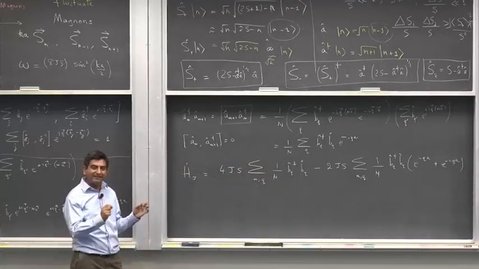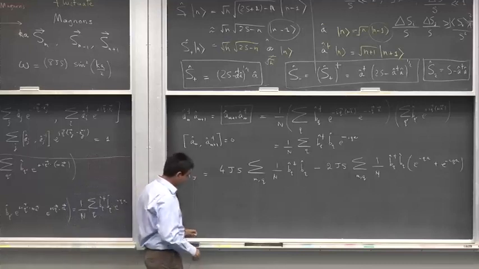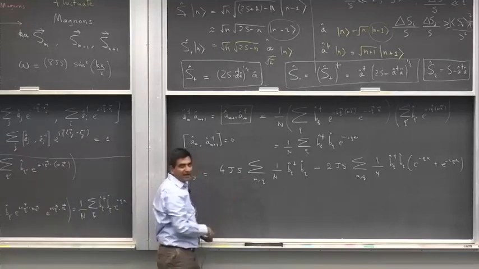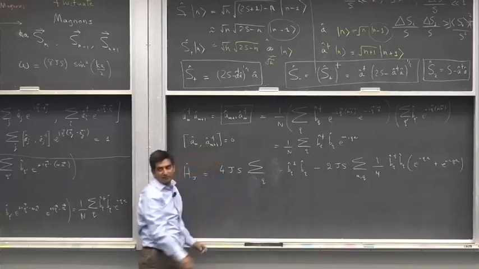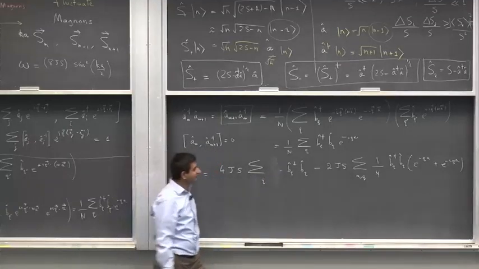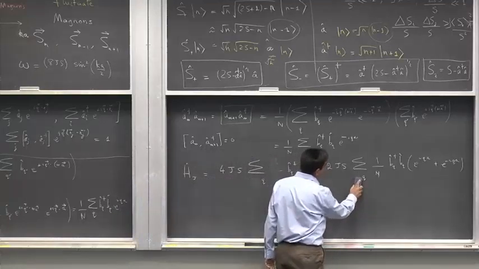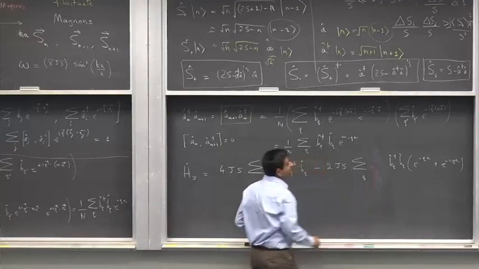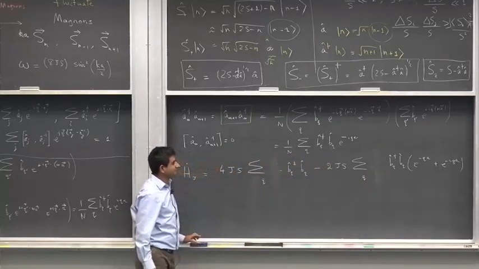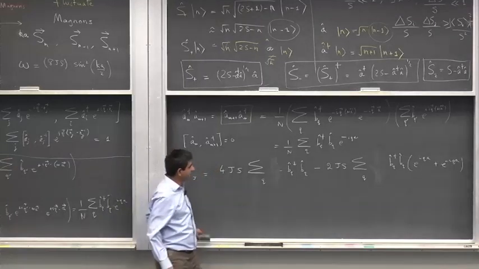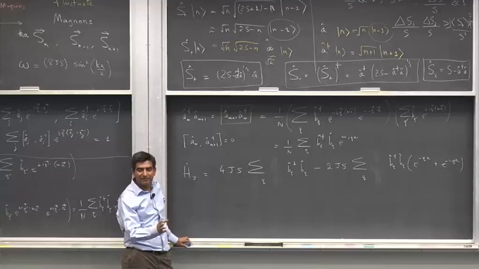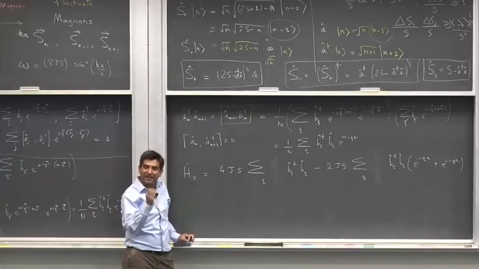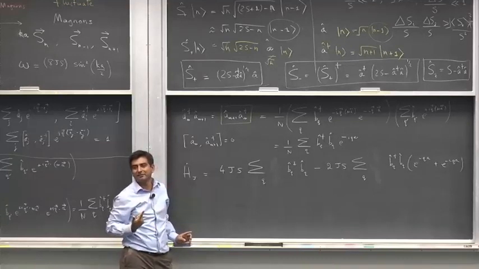Now, n is the total number of spins, so the summation over m will make this n go away, and I'm left with a sum over q's. Summing over m's, 1 over n times n gives me 1.